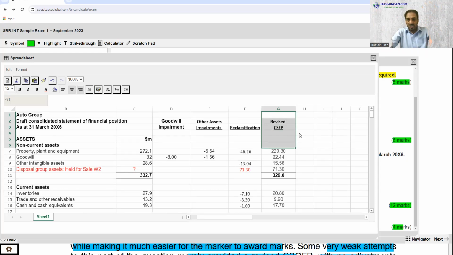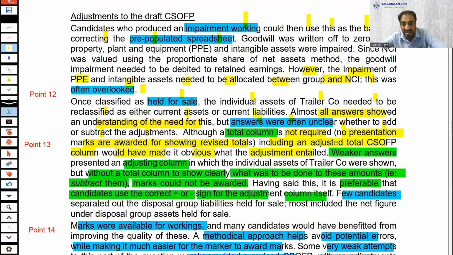Just ignore that. Just quickly review your working and move on to the other part of the question. Because if you are investing more time in this revised column, which is not actually the allocated time for this question, you will lose some of the other question paper parts, either 4, 5, 6 marks of another question. So do remember this revised column has no marks.